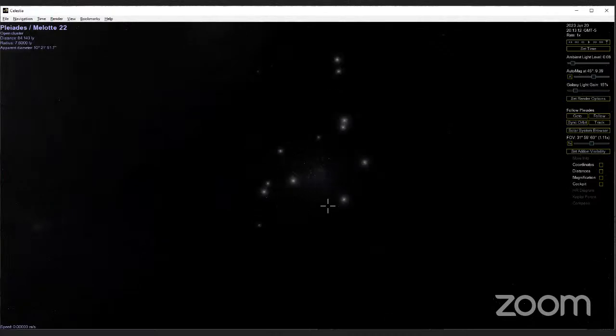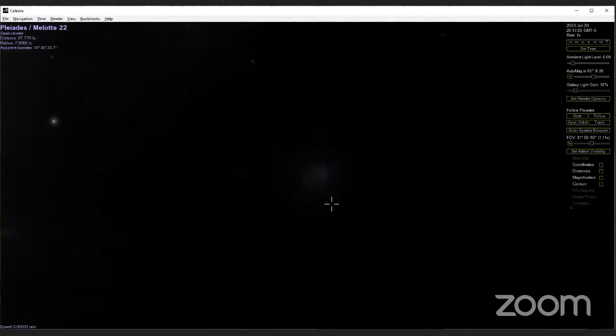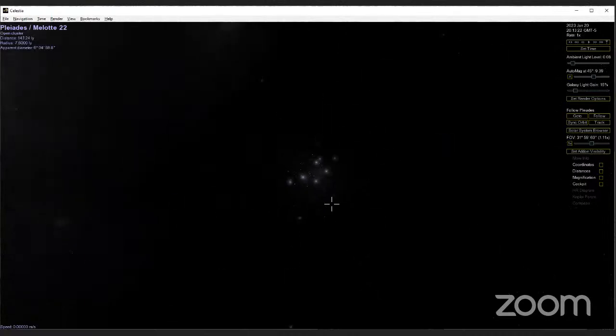As I zoom in, you can see clearly that there is a distance between them as I fly through and as I fly back. You don't see the nebulosity here, so we're not seeing the cloud. But we are seeing, because of where we are, the pattern. And this gives us the other idea that the only reason we see that little dipper pattern is because of where we are on Earth.